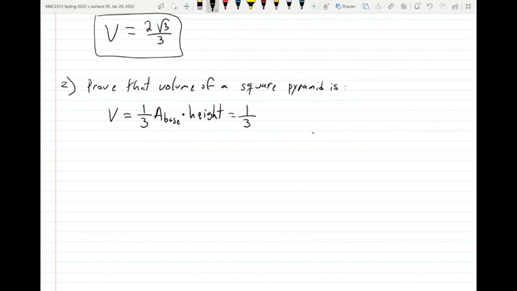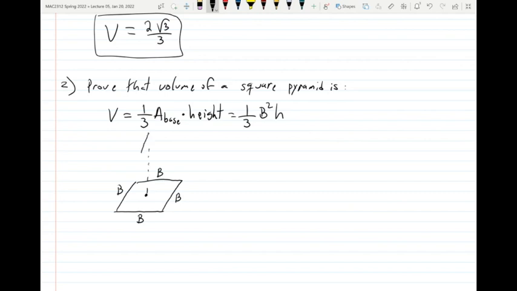which let's call it 1/3 B squared times h, where in this case, because I'm saying that it's a square pyramid, you just need to know, let me just draw the picture here. This is what we have. So the base is a square. So this is what I'm calling B. Let's say this is the center of the square.